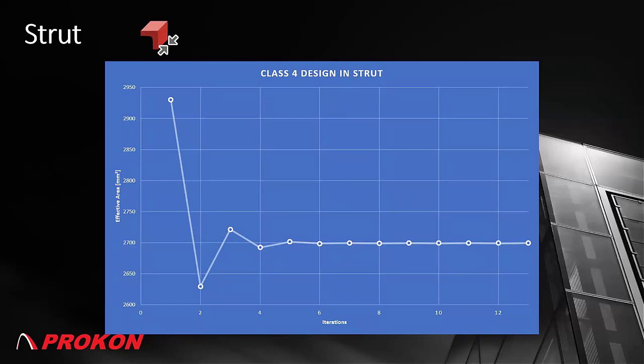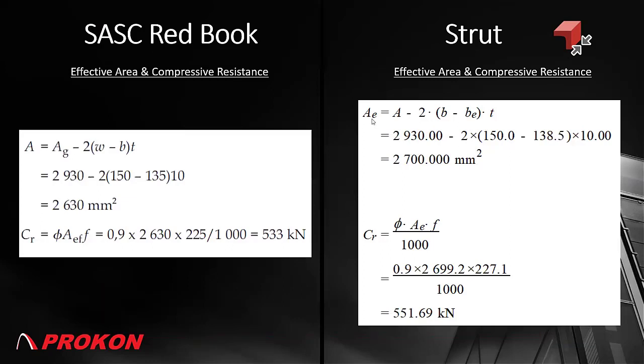If the iteration continues, the results stabilize or converge to a final answer very quickly. After the third iteration, we just about settle on an effective area of 2,700 square millimeters. And that's the reason that STRAT calculates an increased compressive resistance for a Class 4 section.